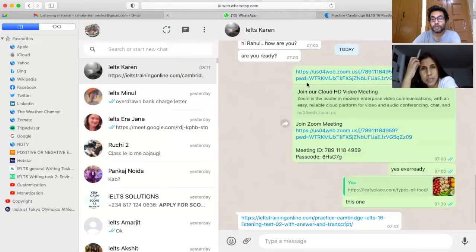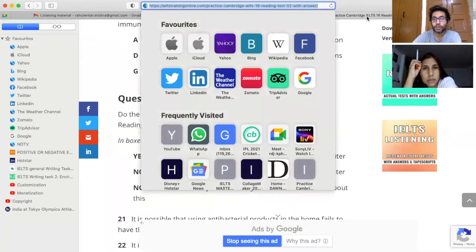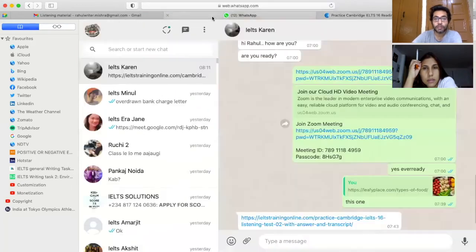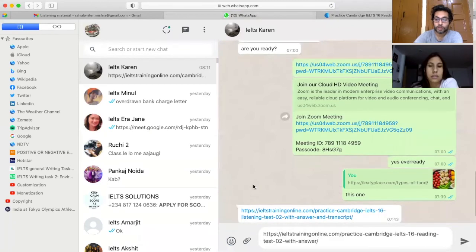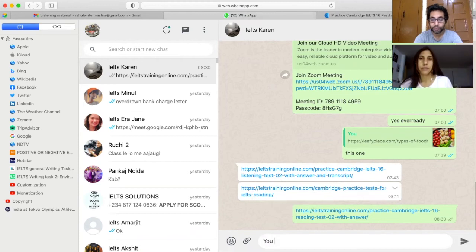Which exercise number is this? You sent me the link just now. This is your practice of, sorry, I would send it to you once more. This is your listening part 2. Okay, 16, reading test 2, I sent you. You do this and you write the nutrition essay once more. You do the first part of it. We will do the next after discussion tomorrow.